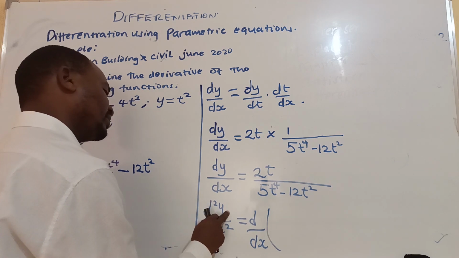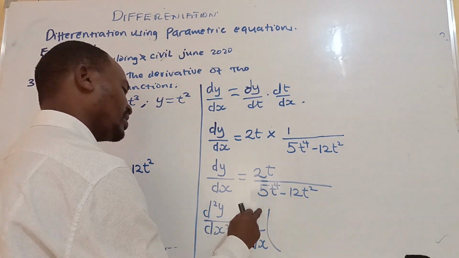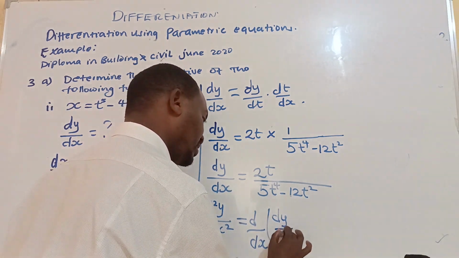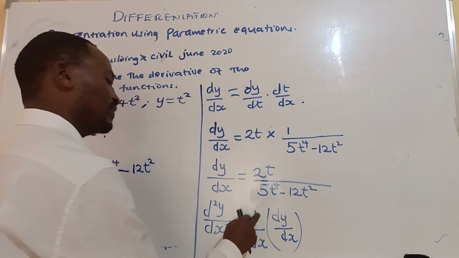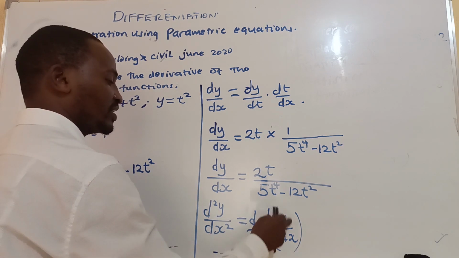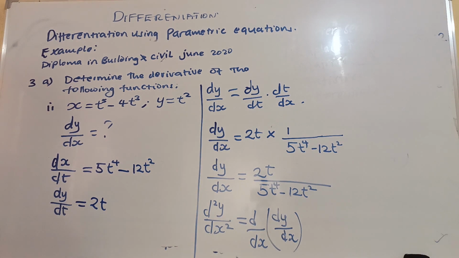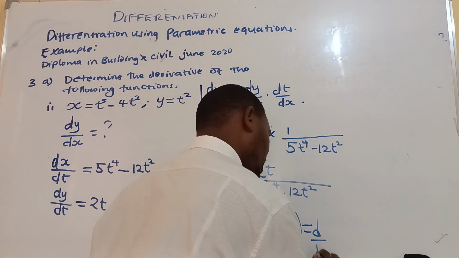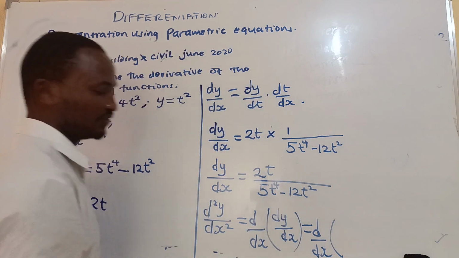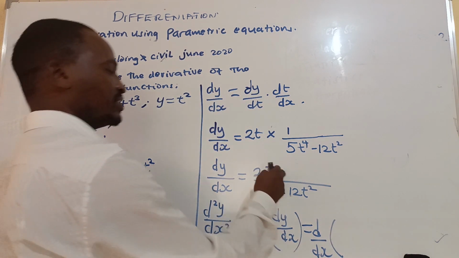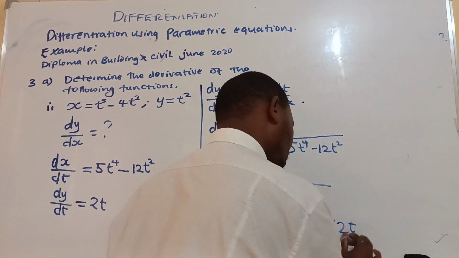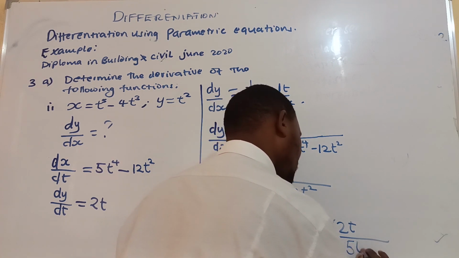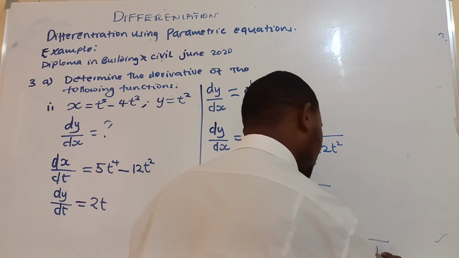The second order derivative of y with respect to x is the derivative with respect to x of the first order derivative. But what is the first order derivative? We have just found it. The first order derivative is 2t over 5t to the power 4 minus 12t squared.